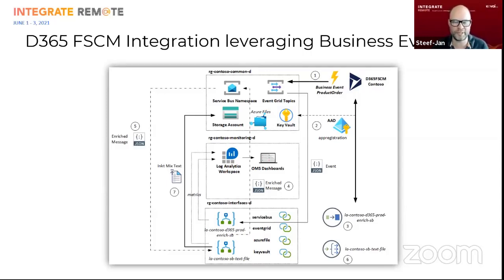Number 2 is basically that event being pushed to one of its subscribers, which is a logic app. As we learned, the logic app we are using is a Consumption logic app, not the Standard one. That will use the information inside that event and go to Dynamics to get additional data. That's the enrichment it does. Once it's enriched, it will push that message to a queue, so it becomes more transactional.